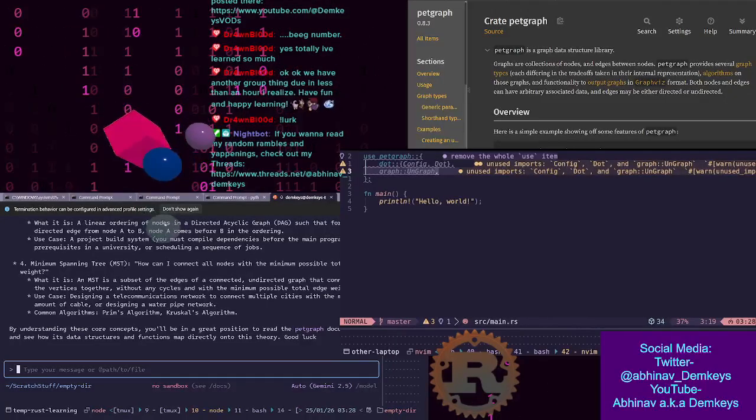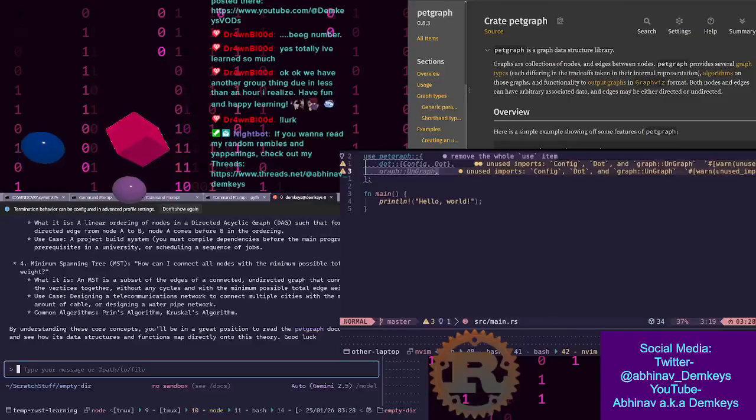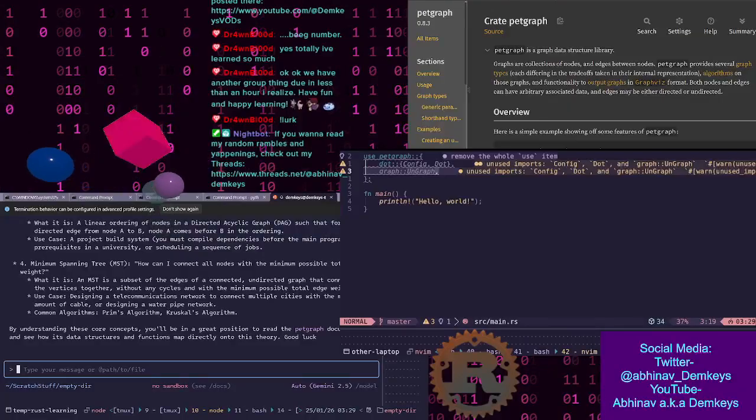But then some kind of bug happened, because of which it went into this loop where each time I would launch a new Gemini CLI instance, it would ask me to authenticate again. After this happened a couple of times, I looked it up online, and a couple of other people were having this issue as well.